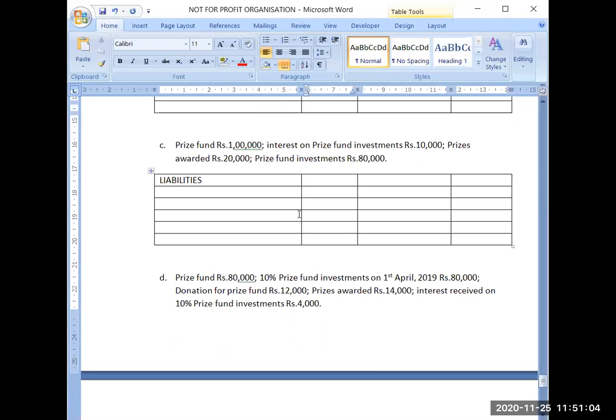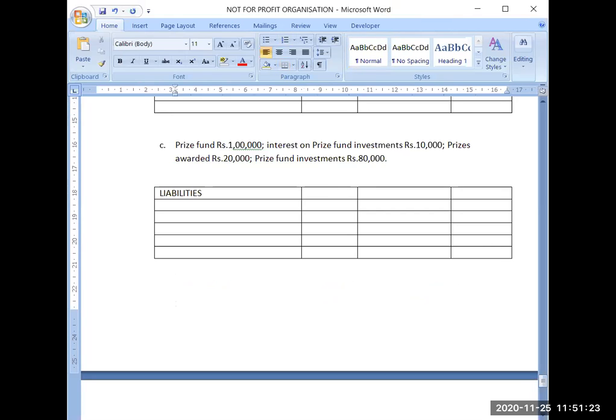In the third part, prize fund is there. So we have a fund, then interest on prize fund investments, so we have some income on that fund. Prizes awarded are expenses, and prize fund investments are there. So again for this information we will prepare the balance sheet.